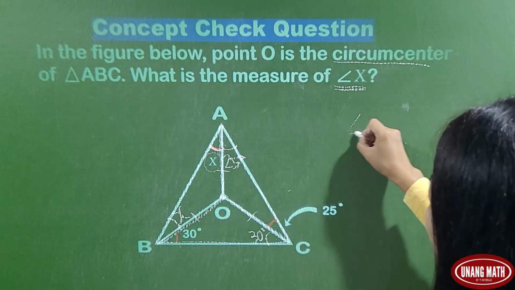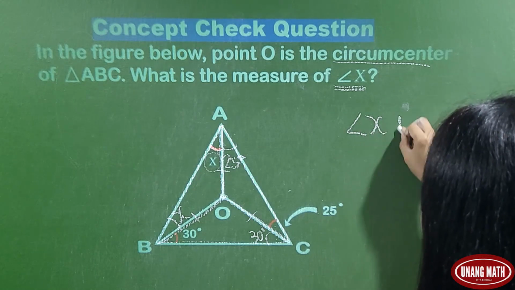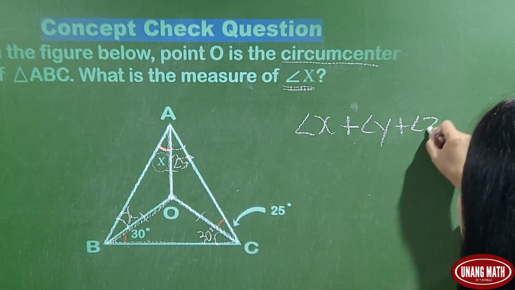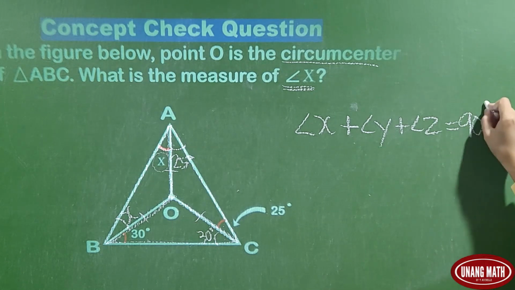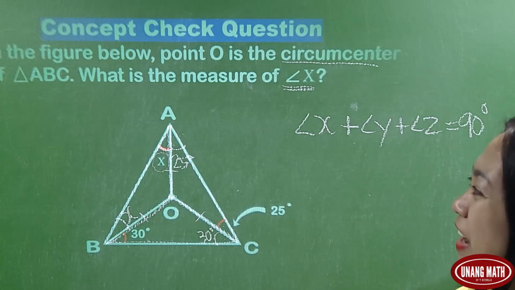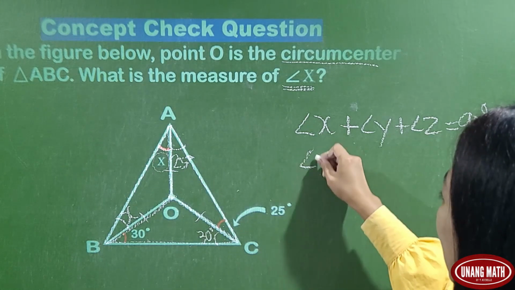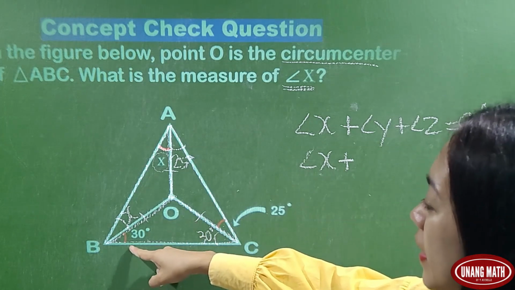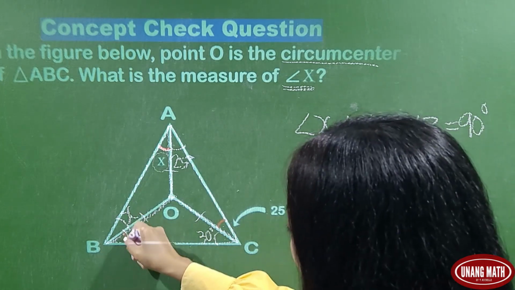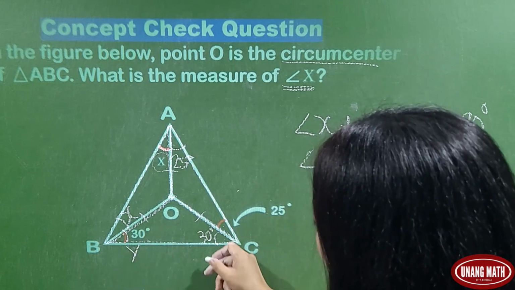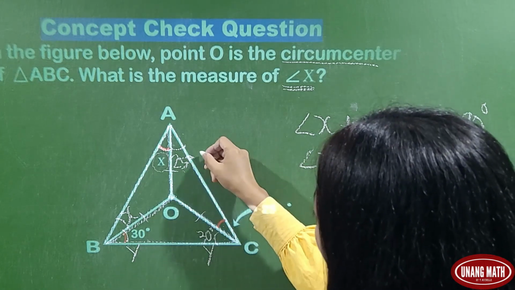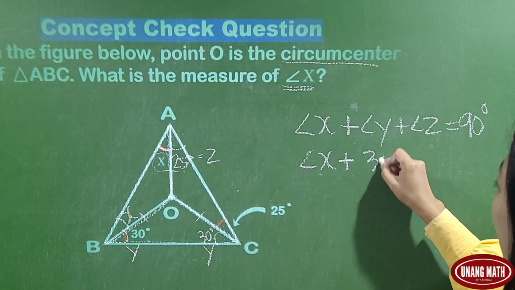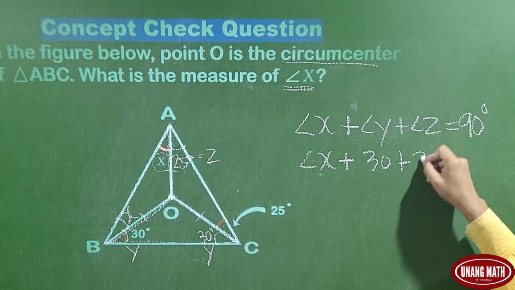So we are looking for the measure of angle X. Take note, angle X plus angle Y plus angle Z is 90 degrees. Let's say this 30 degrees is angle Y, so this is also angle Y. This 25 degrees is angle Z. So angle Y is 30 degrees, angle Z is 25 degrees.